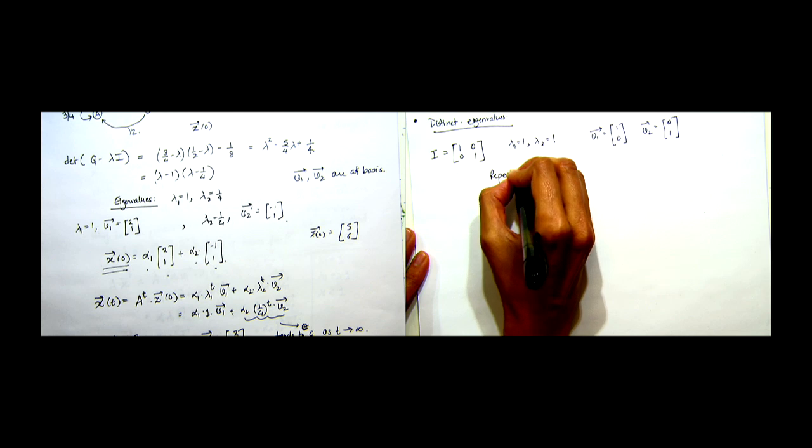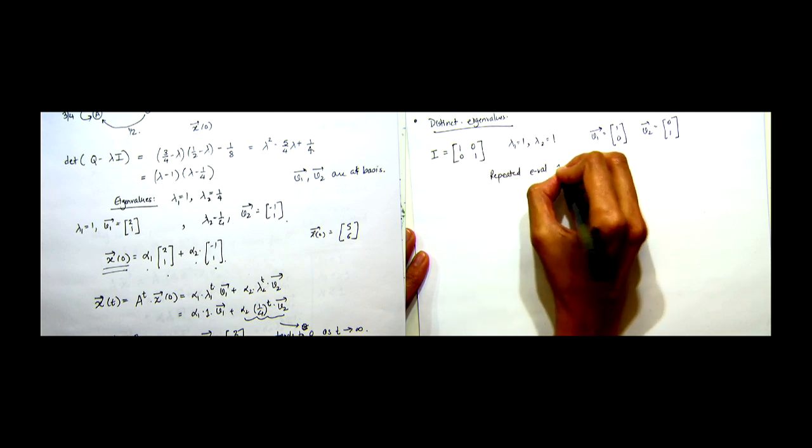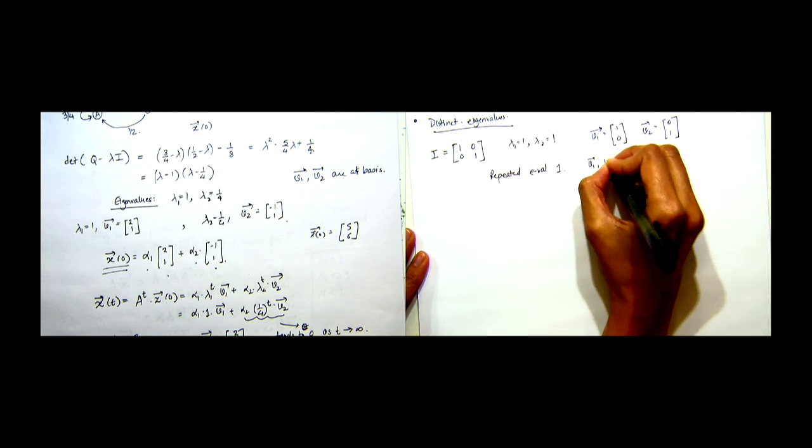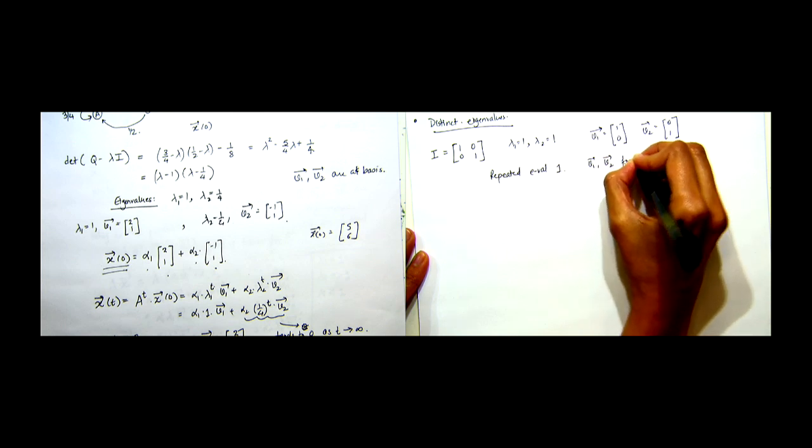Okay. Do V1 and V2 form a basis for R2? Right? So here we have repeated eigenvalue 1, and V1, V2 form a basis for R2.